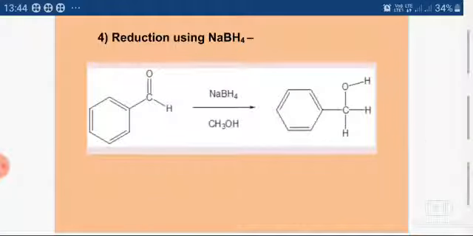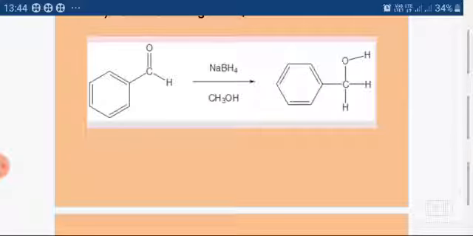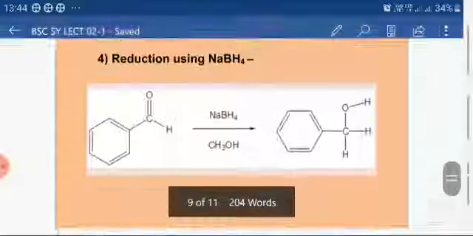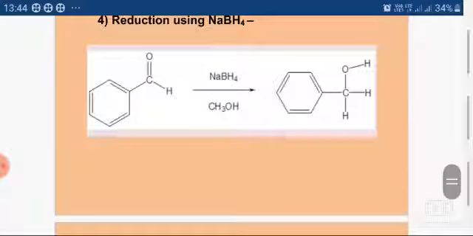You can also keep in mind the chemical reactions, but you should also remember the names of the compounds, so it could be better to understand the chemical reactions. So when benzaldehyde reacts with sodium borohydride in the presence of methanol, then it gives you benzyl alcohol. This is the reduction of benzaldehyde to benzyl alcohol.